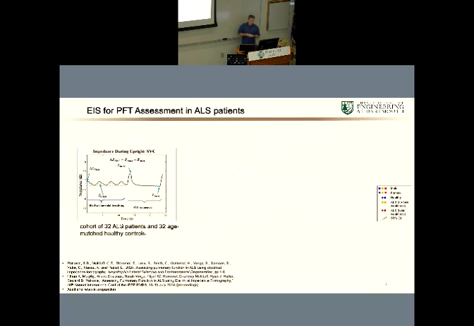And then to make this a little more practical, for EIS for PFT assessment, this is what we're looking at when we collect the data. This curve right here is our average impedance versus time. If anybody's had a PFT and looked at the traces of lung volume, it mirrors it very closely. This is what the PFT test will be looking at, almost the same thing. Here a person is doing tidal breathing, so normal breathing.